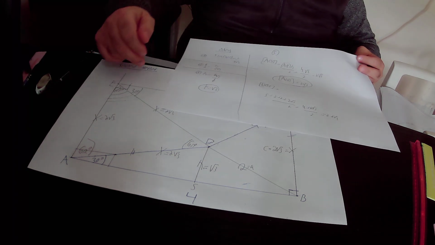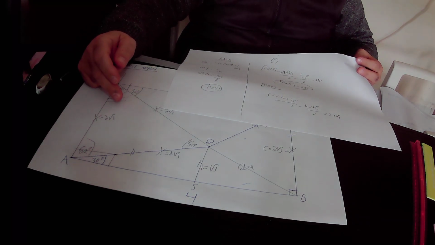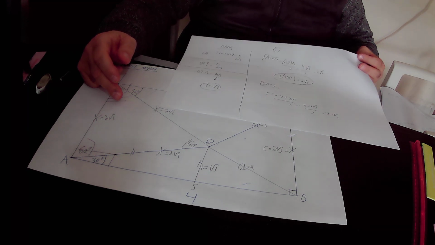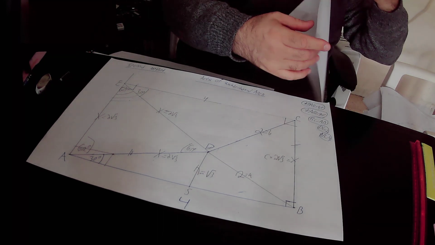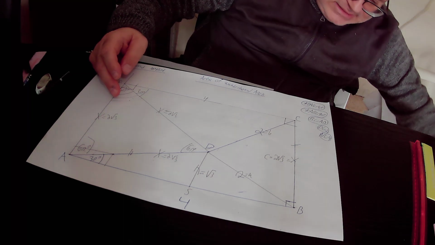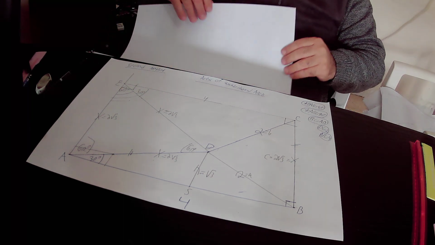Then the only thing left was to find the area of the other triangle. To do this, we calculate the semi-perimeter of the triangle. The semi-perimeter of any triangle is the perimeter over 2.